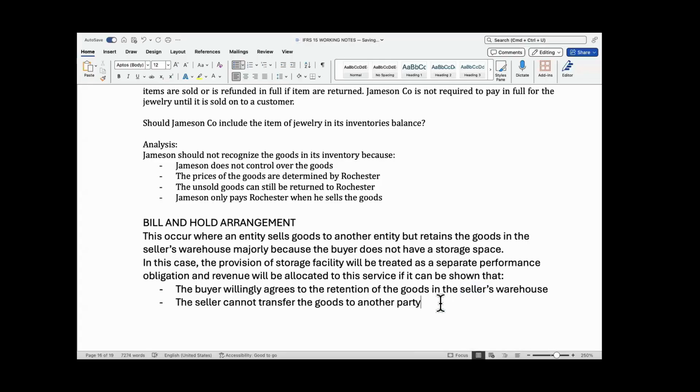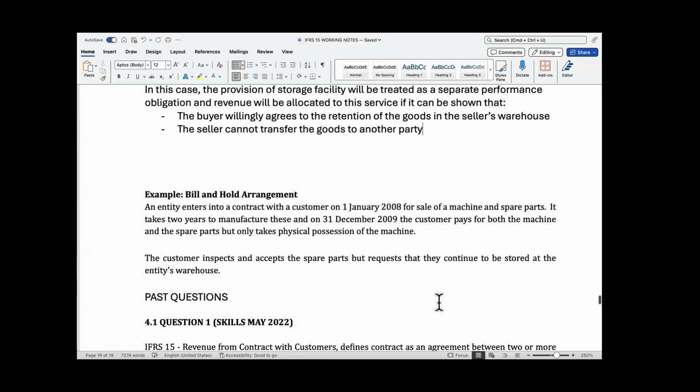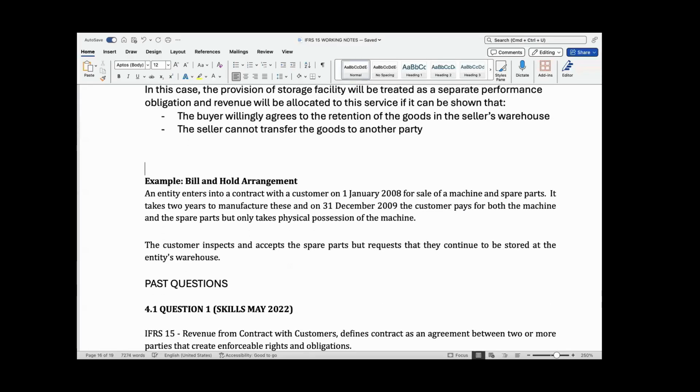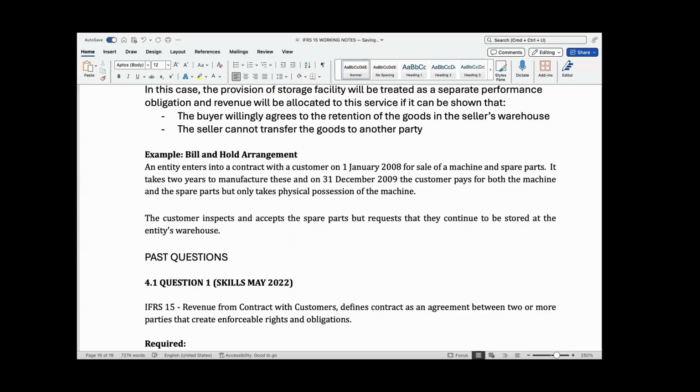So if you can show this, then we're going to treat that storage space, that storage facility, as a separate performance obligation. So if you look at this question, it says an entity enters into a contract with a customer on 1st January 2008 for sale of a machine and spare parts.